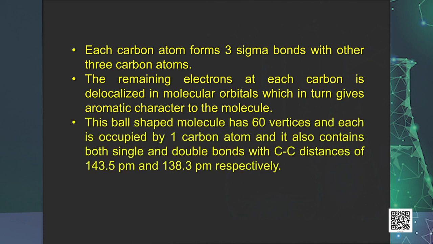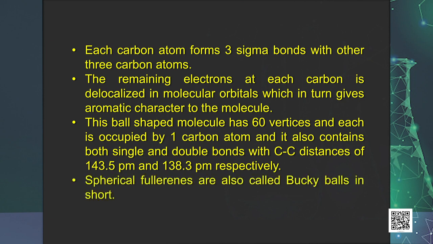This ball-shaped molecule has 60 vertices and each is occupied by 1 carbon atom, and it also contains both single and double bonds with carbon-carbon distances of 143.5 picometers and 138.3 picometers respectively. Spherical fullerenes are also called buckyballs in short.